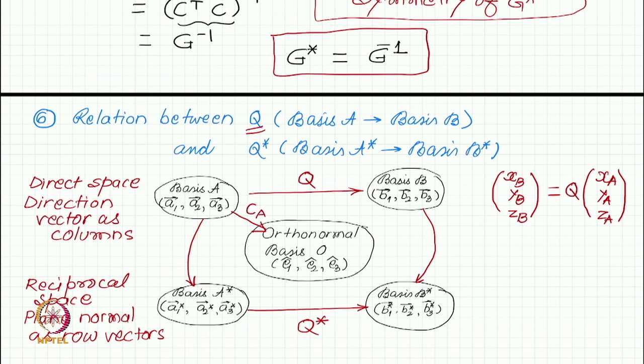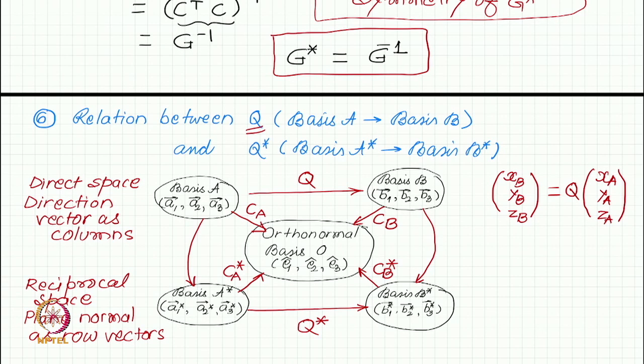So, C A takes basis A to the orthonormal basis, C B takes basis B to the orthonormal basis. Similarly, C A star will take A star to the orthonormal basis and C B star takes B star to the orthonormal basis.